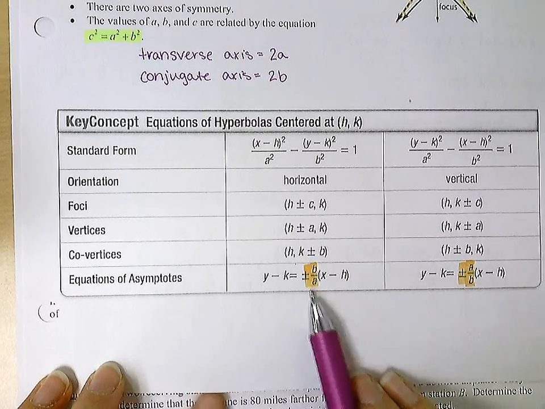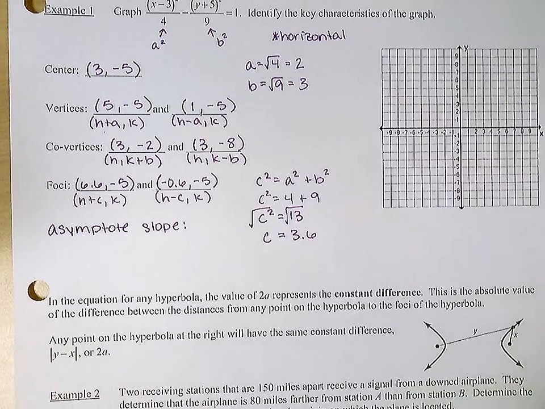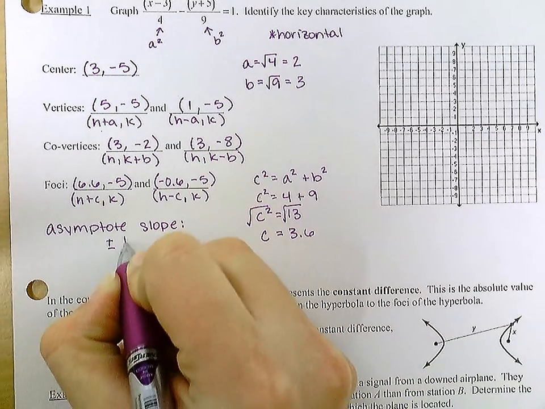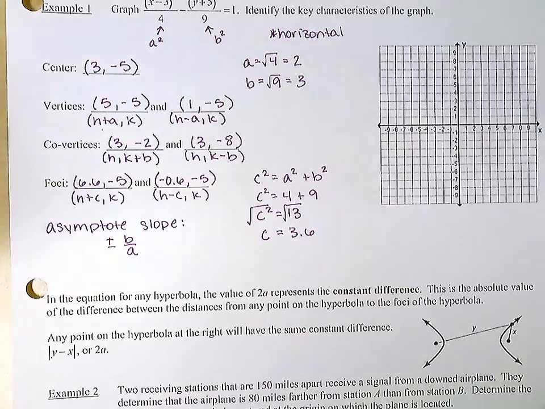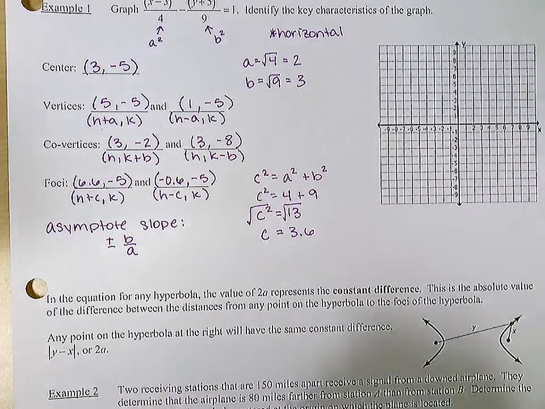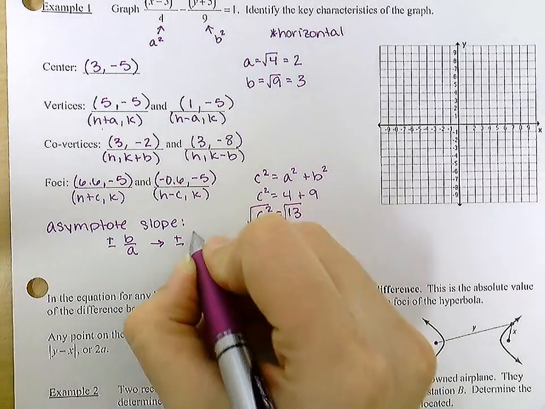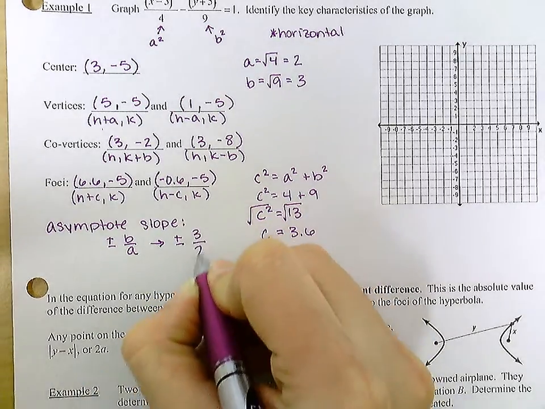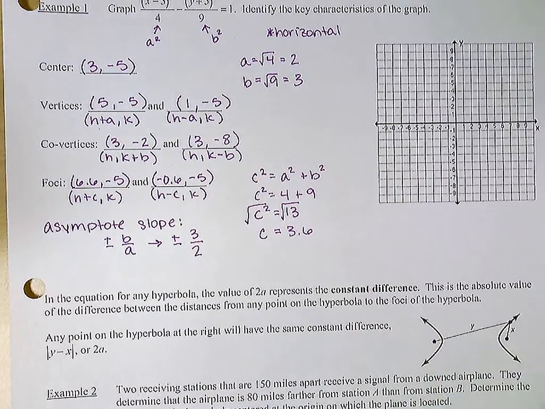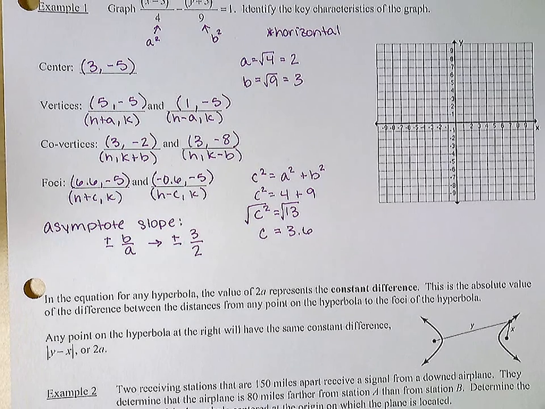We already have b and a, so we can figure out what this slope is pretty easily. It will just be plus or minus b is 3 over a is 2. So our slope for these asymptotes is positive 3/2 and negative 3/2.